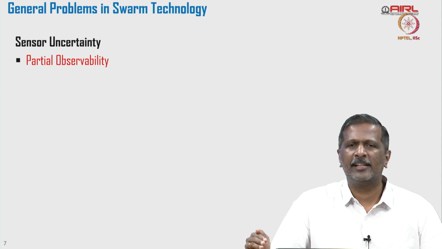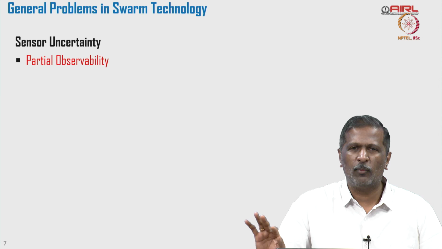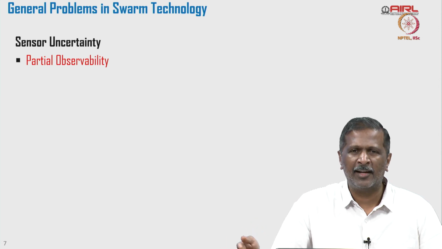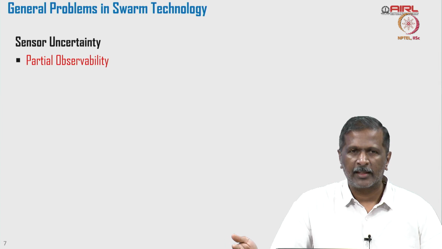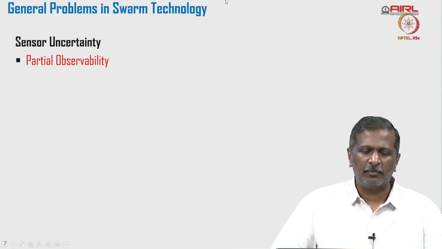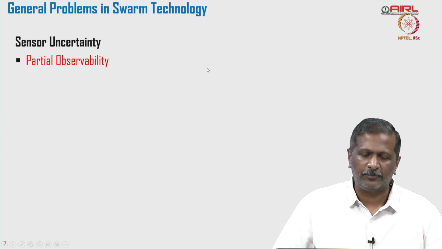One UAV sees the target, the other UAV is also nearby, but the wall is blocking the visibility of the target. Partial observability becomes the biggest challenge because I can't see, but how do you expect me to act on it?